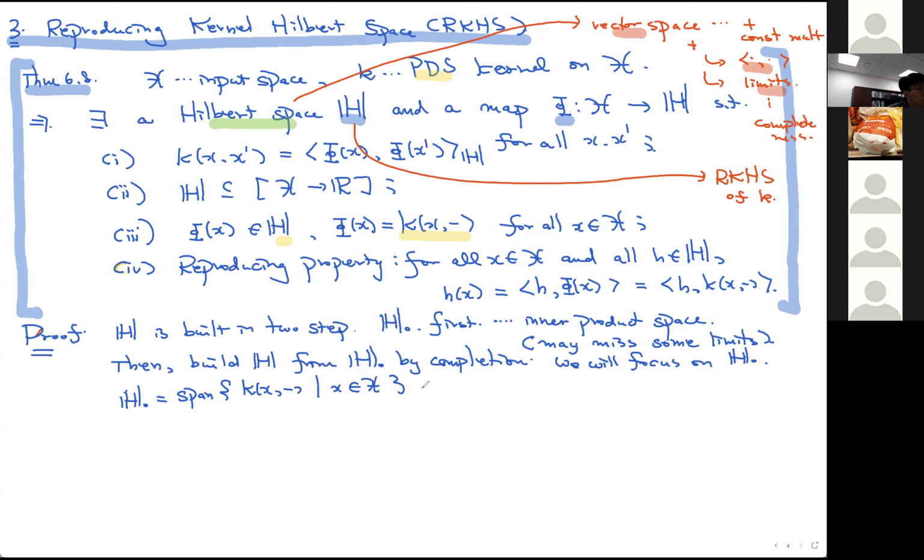What this really means is that we're going to consider, so span means all the linear combinations of finitely many terms.